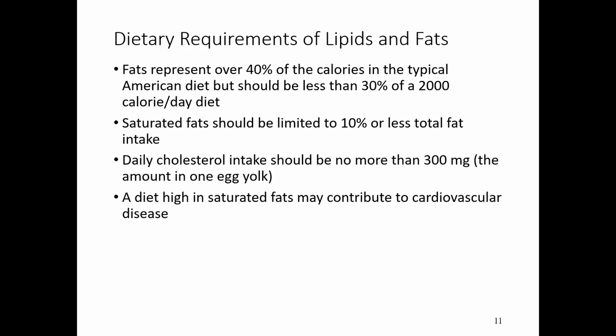So we can eat saturated fats, just not a lot of it. We can have butter. We can have dairy. We can have food items that are high in saturated fats, just not a lot of it every day. It doesn't mean we can't have it. It just means we have to moderate our use.